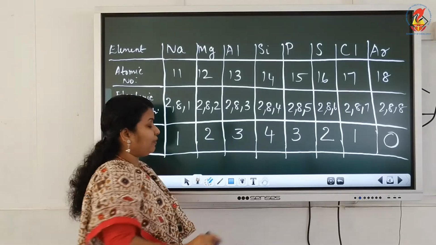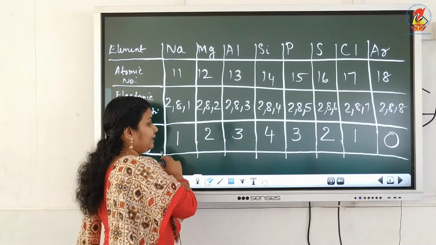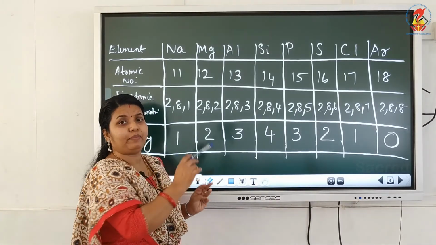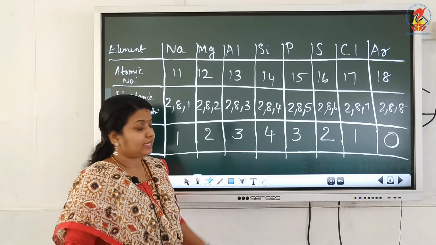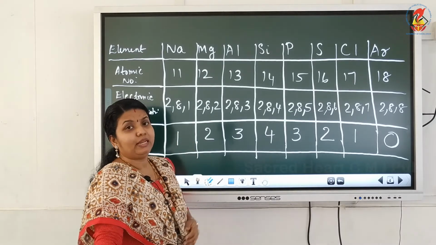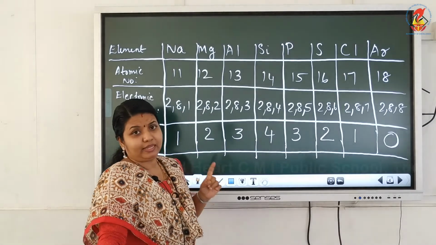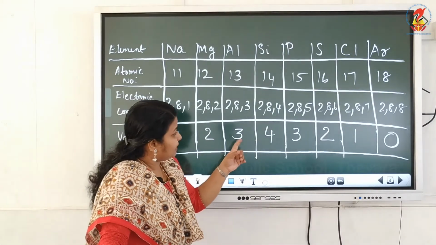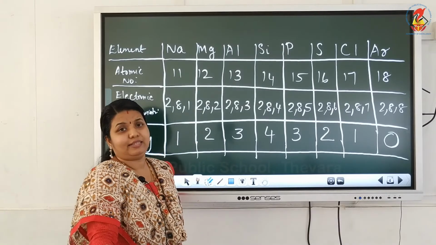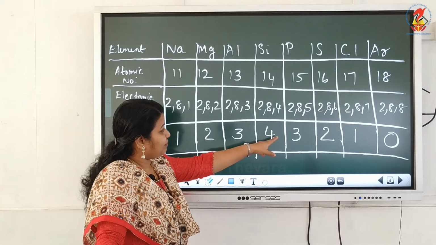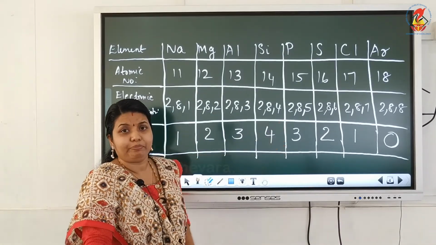So what happens to valency, that is the trend, as we move from left to right in a period? We can see that valency first increases, and then decreases. Valency increases, reaches a maximum value of 4 and then decreases.